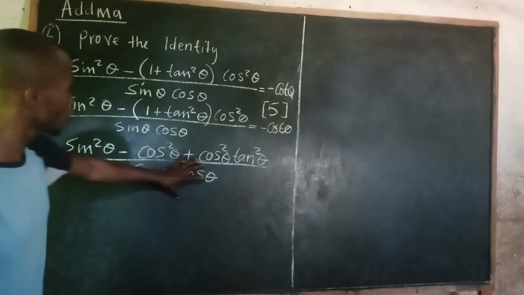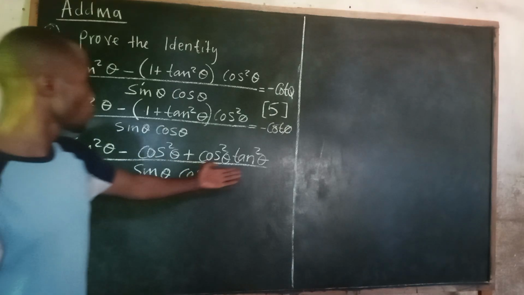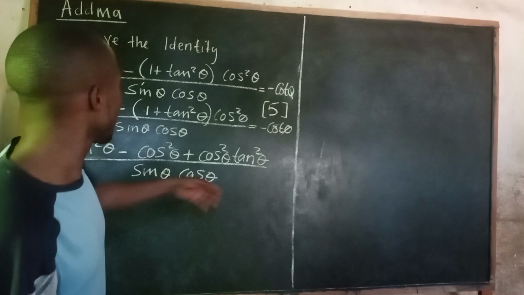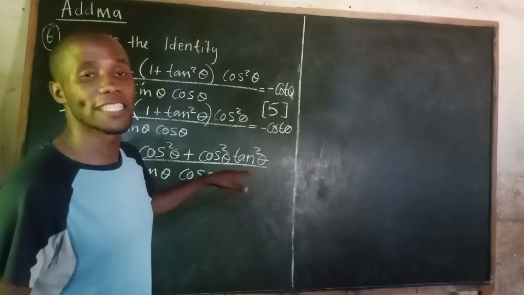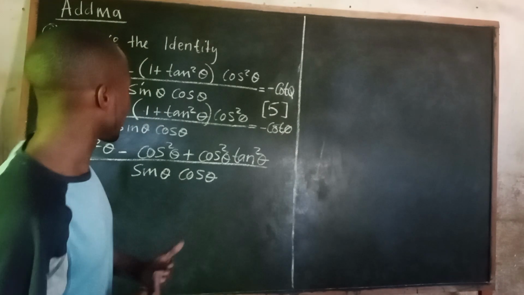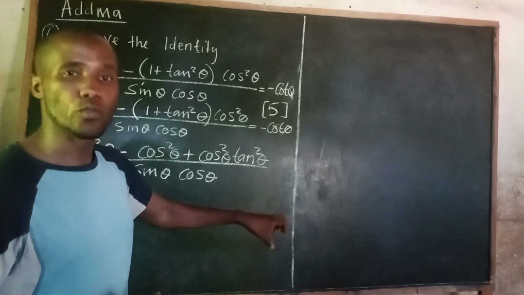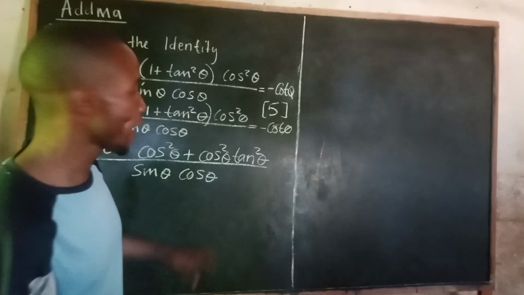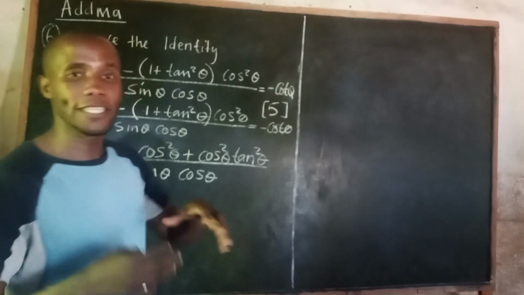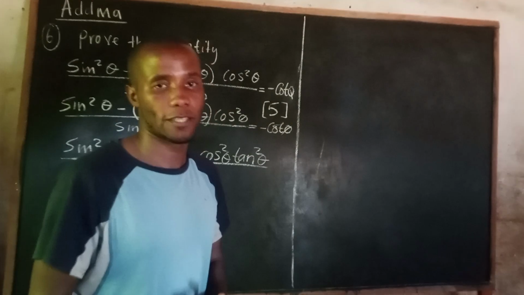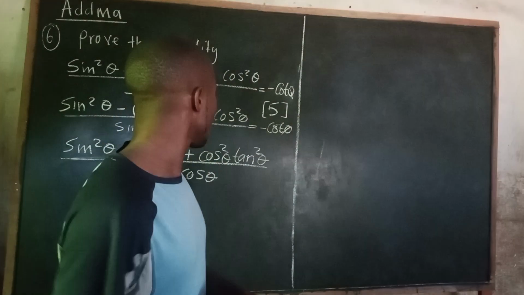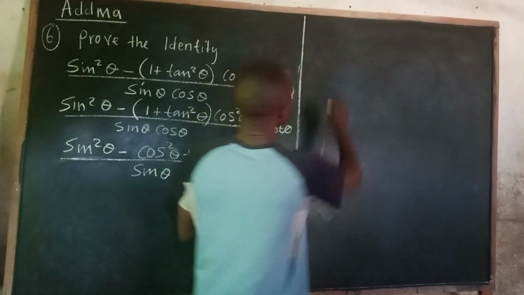Now that you have reached this level, we look at the tan that we have here, tan theta squared. We want to make this tan disappear. How? We convert tan in terms of the identities, which is the quotient identity.